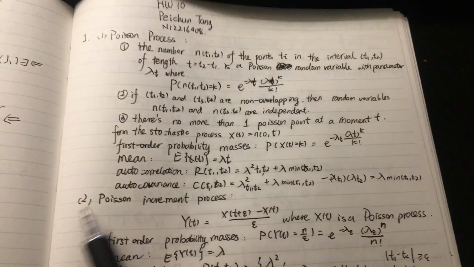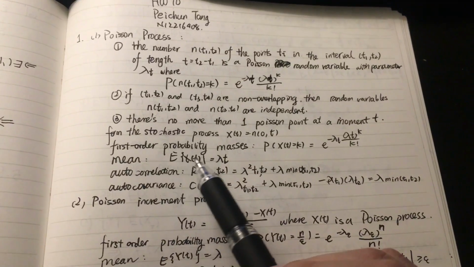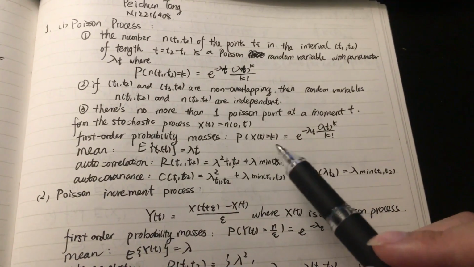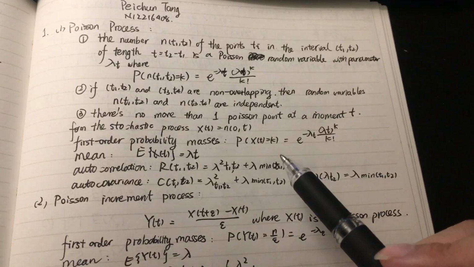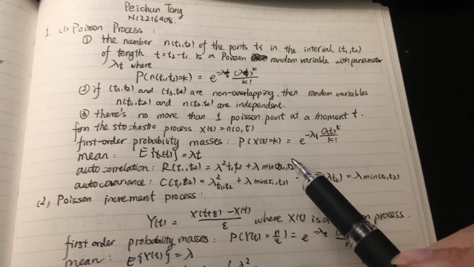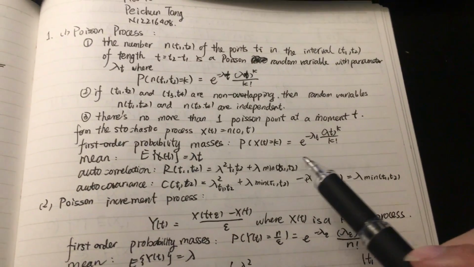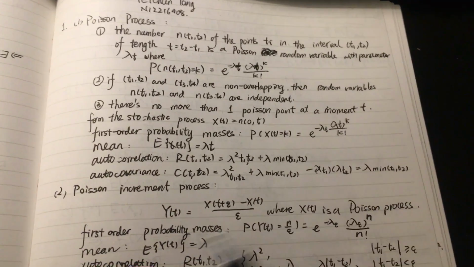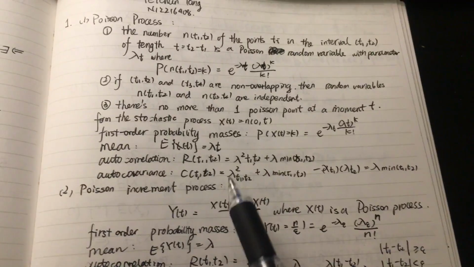And the first order probability mass of this Poisson process is P of x(t) equal to k is equal to e to the degree of minus lambda t times lambda t to the degree of k over k factorial, and the mean is exactly lambda t.